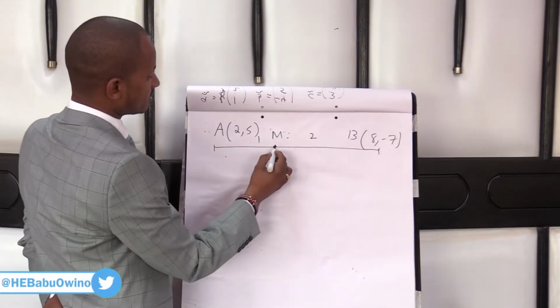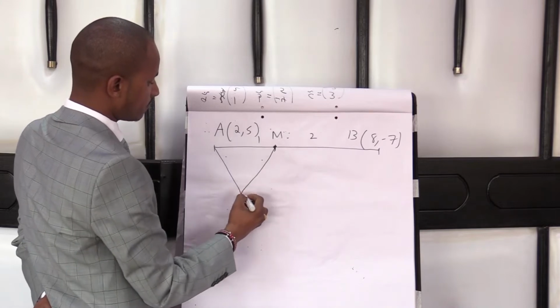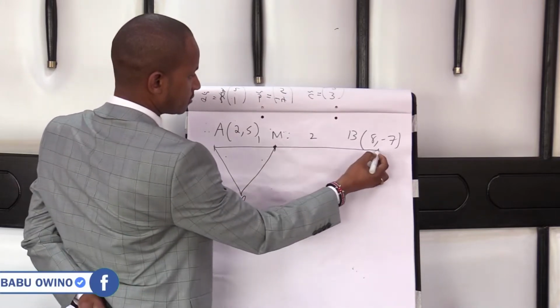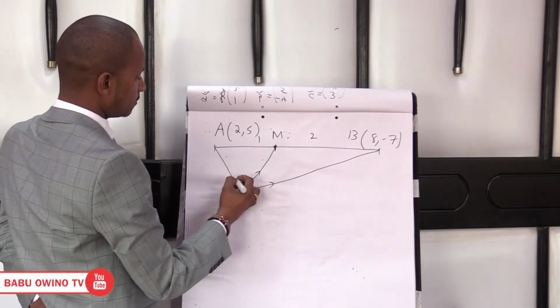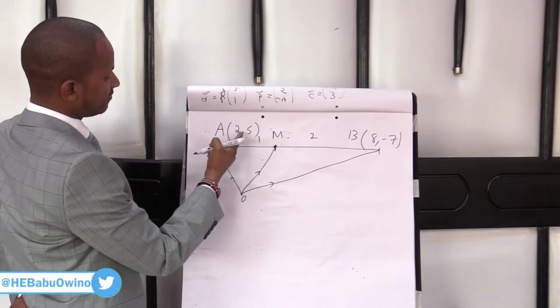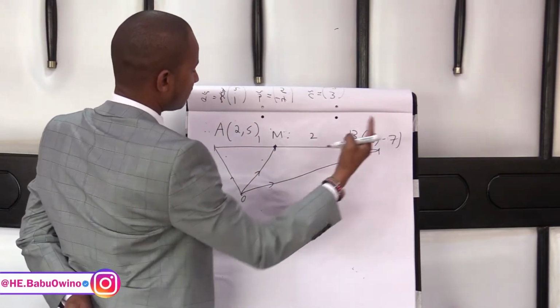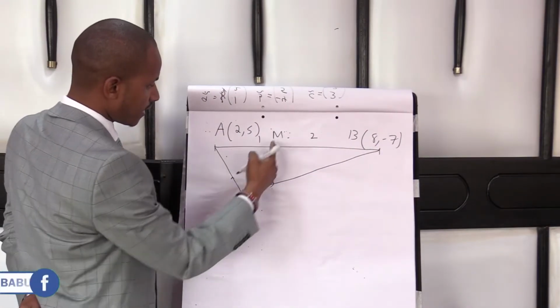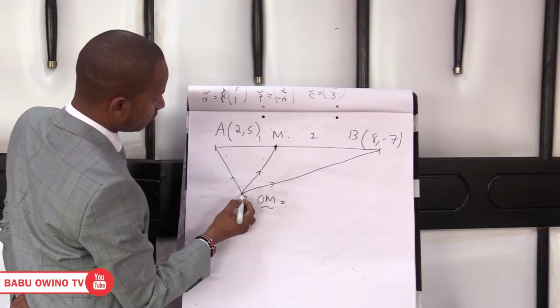So when you are given such a challenge, just come from the point O, the origin, and make an extension. So OA is given by 2, 5. OB is given by 8, 7. So what is OM? You just write here OM. How do you move from O to M?